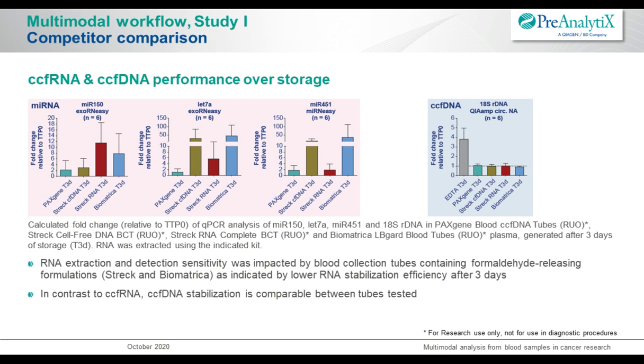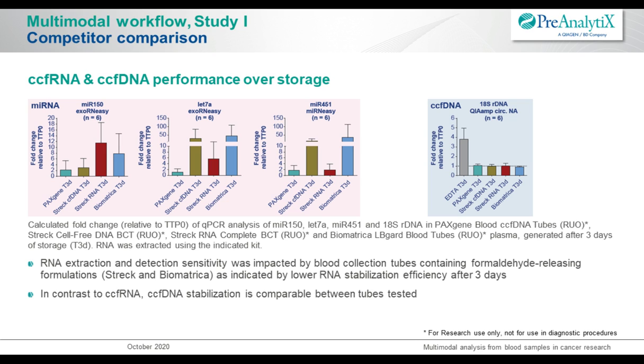And what you see here is, again, a small release of RNA into the plasma or in the exosomes after 3 days from the PAXgene tube, but different kinds of release, in most cases higher than the PAXgene tube for the other tubes. So you see it is important what tube you use if you are interested in circulating cell-free RNA.